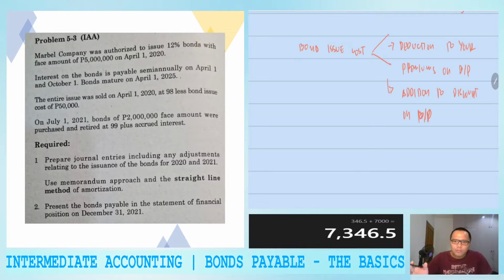So kumbaga, nagpalabas tayo ng pera to pay the bond issue cost, then basically if we are to issue it at a discount, then kumbaga additional expense, no? Or premium, additional expense siya chargeable to your premium. Okay? Chargeable to your premium.